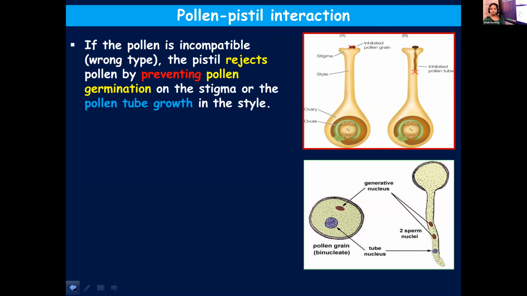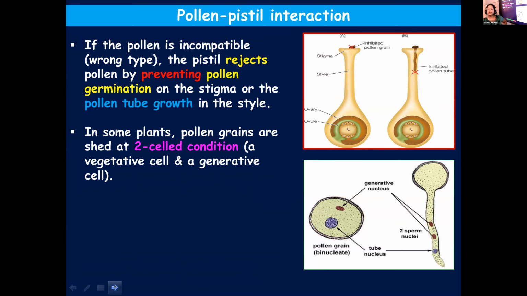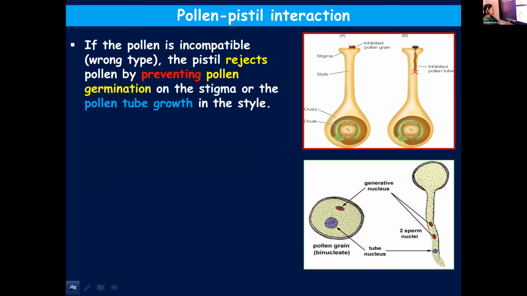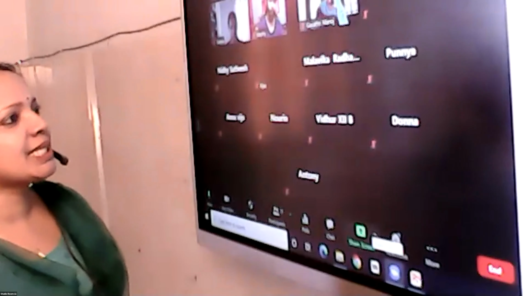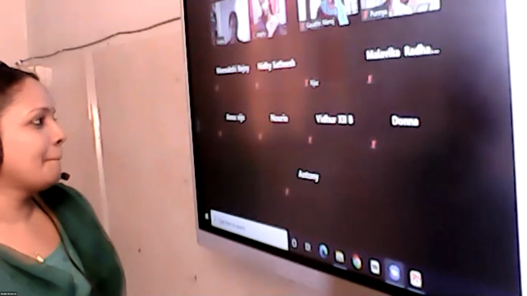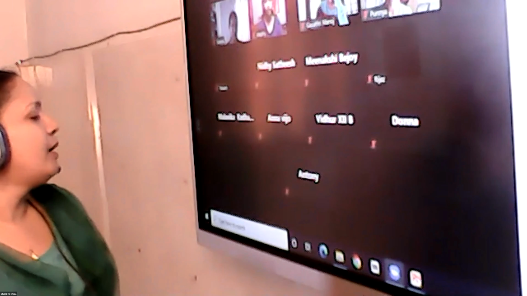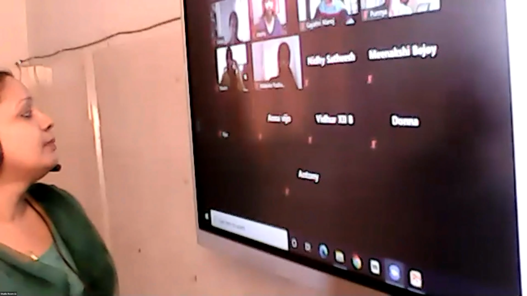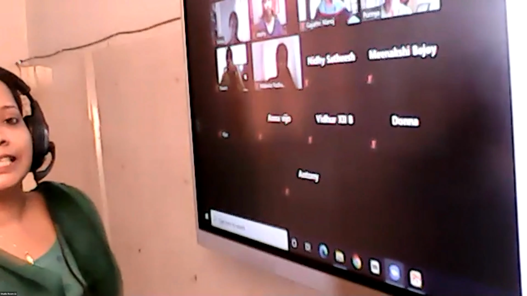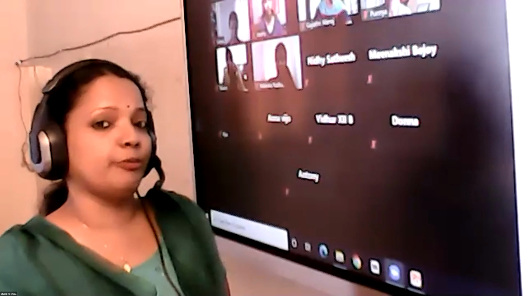Okay. Now we learned about 2-celled and 3-celled stage of pollen grains. Are you remembering? Malavika, tell me which are the 2 cells found in the 2-celled stage of pollen grain?